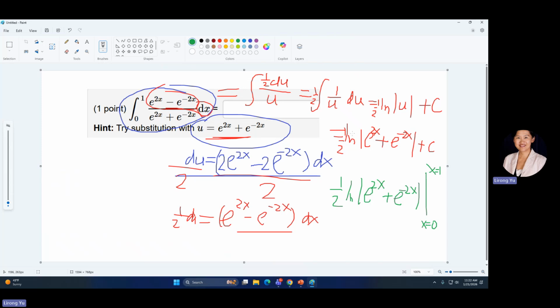So the final answer is going to be 1/2 natural log of e to the 2 plus e to the negative 2, minus the lower limit, 1/2 natural log of 2. Because if x equals 0, e to the 0 equals 1, that's 1 plus 1, that's natural log of 2. So that's the final calculation.